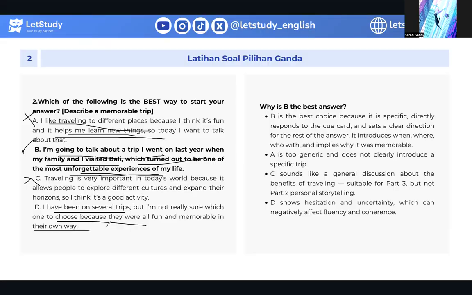So you guys can say like, "I've been on several trips, and a lot of them have been fun and memorable. However, if I had to pick one," terus habis itu menjelaskan which one is the memorable trip. Walaupun kalian itu mungkin agak bingung, kalian tetap harus menjawab pertanyaannya. Dan karena D itu tidak menjawab pertanyaan tersebut, D itu salah dan B itu jawaban yang paling tepat.